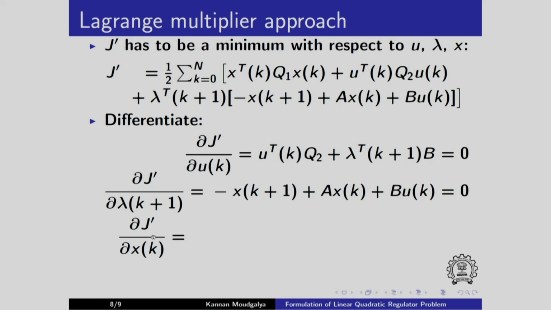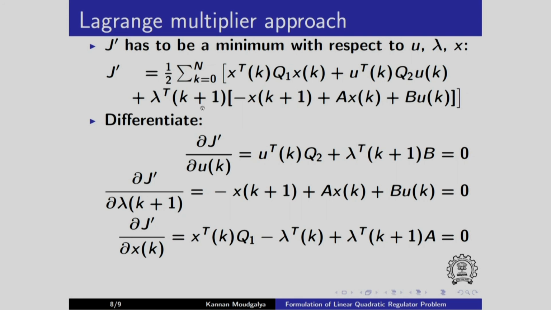Now let us differentiate with respect to x. I get this expression. How do I get this? The first term comes from here. This lambda term comes from differentiating this x of k plus 1 corresponding to the previous k value.